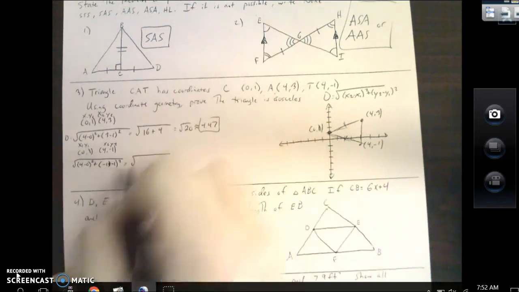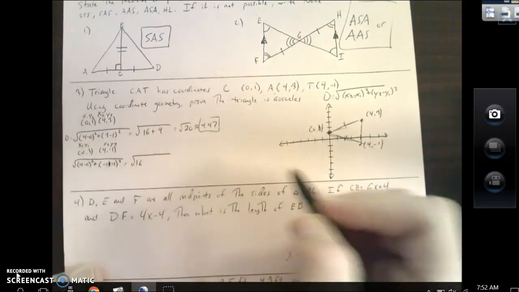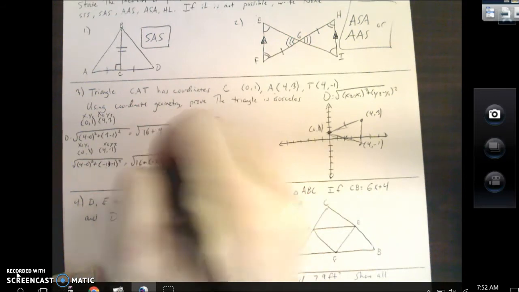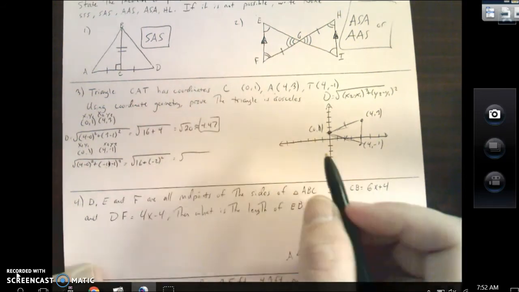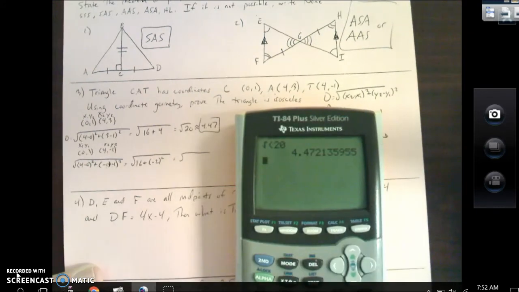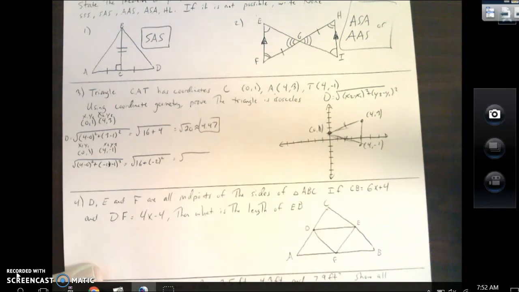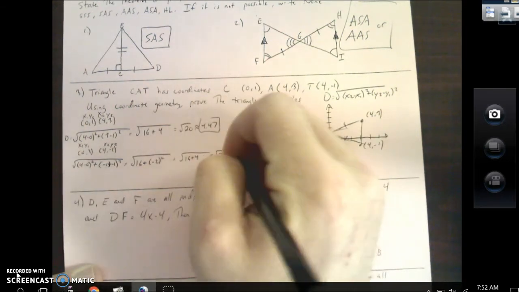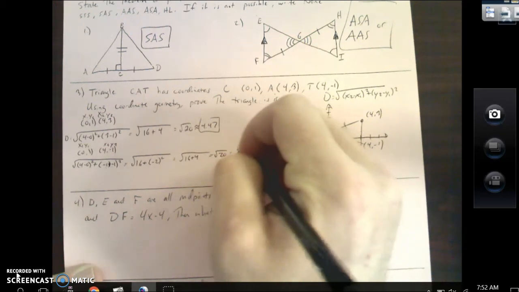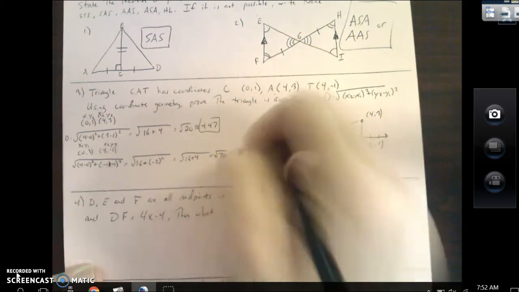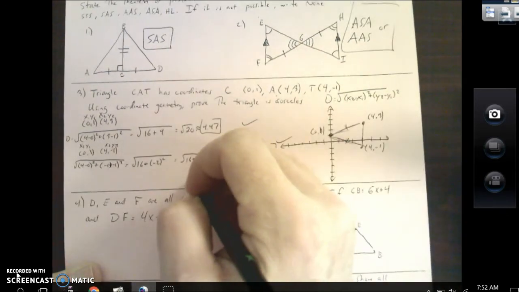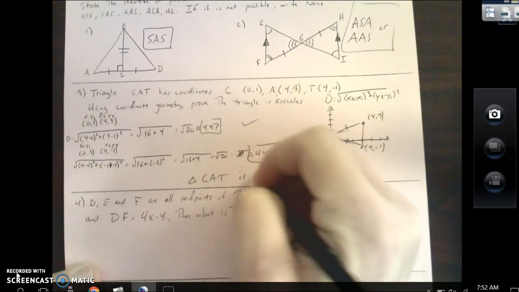Here's where you gotta be careful. 4 squared is 16. -1 minus 1 is -2. When I do -2 squared, be careful. You have to put parentheses around it in your calculator. You get a positive 4. So it's 16 plus 4, which is square root of 20. And that's going to end up being 4.47. So you've just proved two sides the same. Therefore, triangle CAT is isosceles.